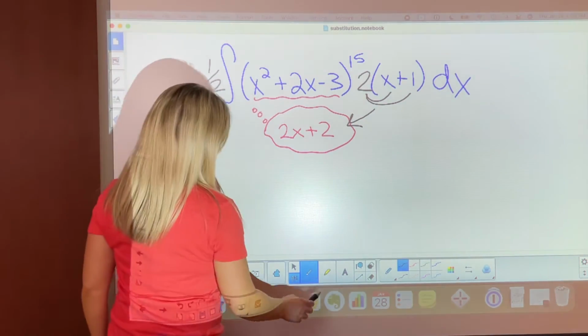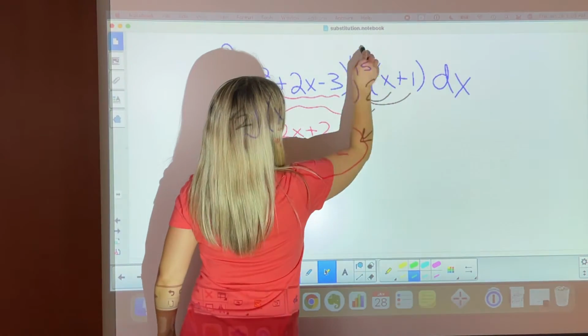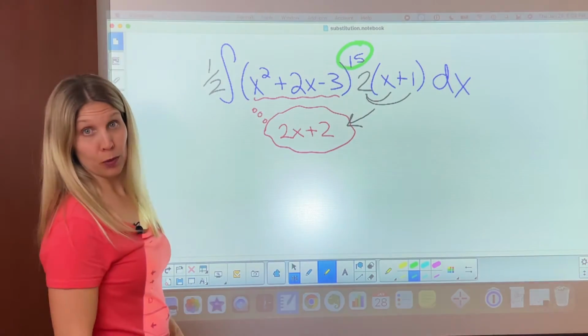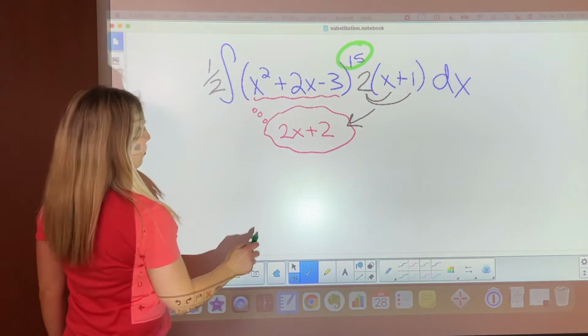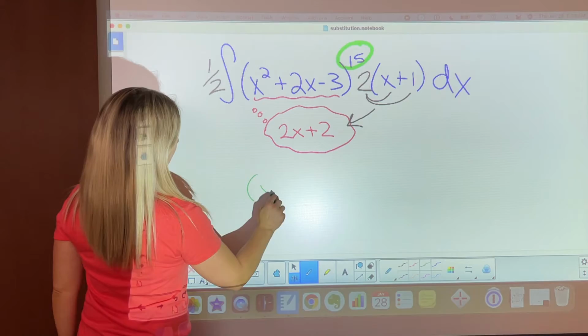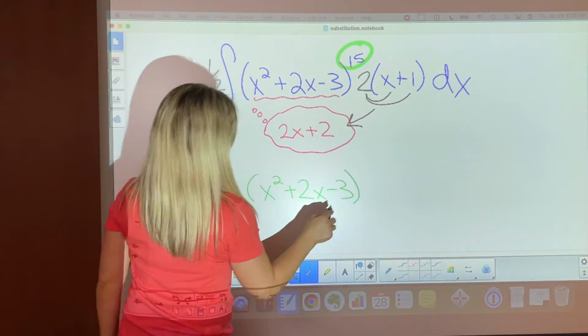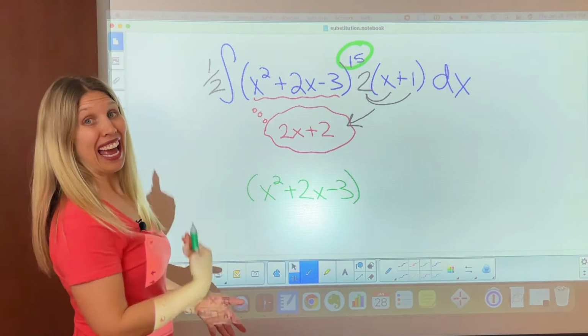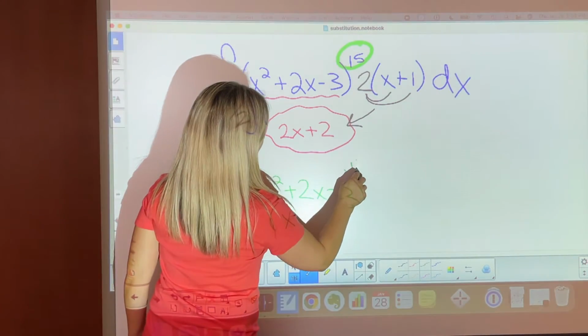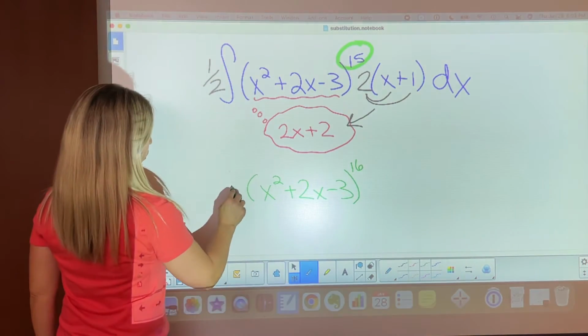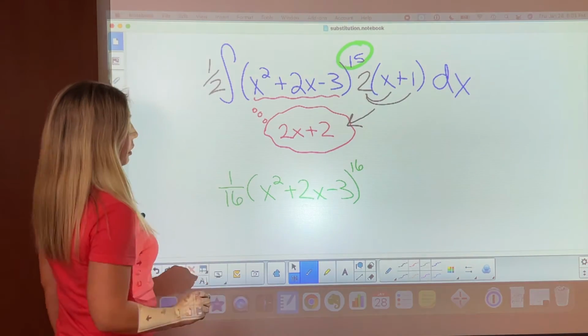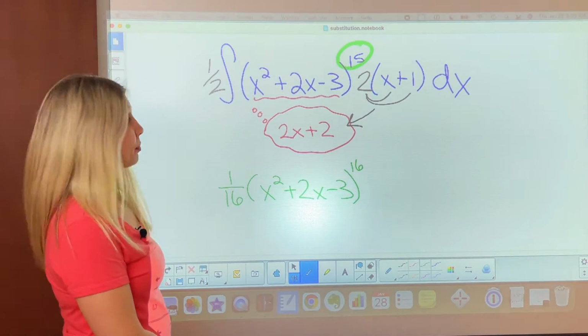So the outside piece in this problem is our exponent. Let's integrate. We leave the inside piece the same. When you integrate, you add an exponent, and you have 1 over that new exponent out front.